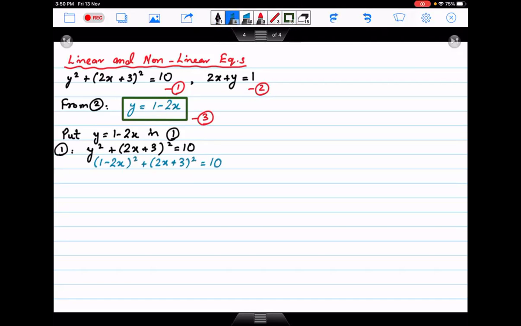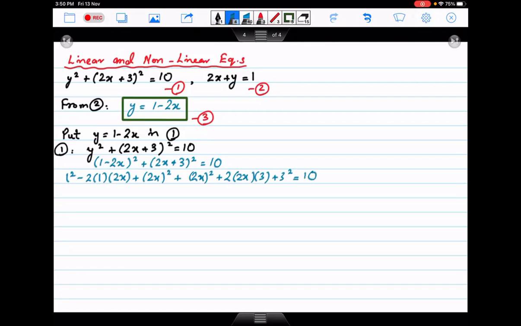So to open the whole square, we use the formula (a minus b)² and (a plus b)². So it becomes a² minus 2ab plus b², and this should become a² plus 2ab plus b², and equals to 10.